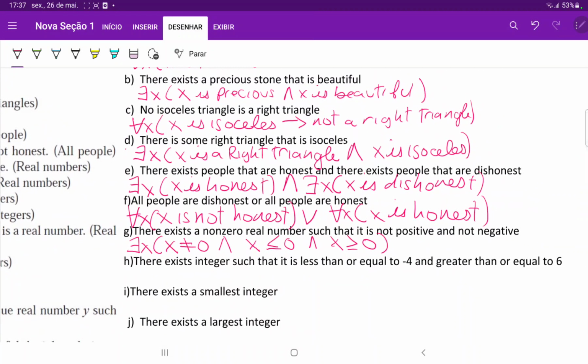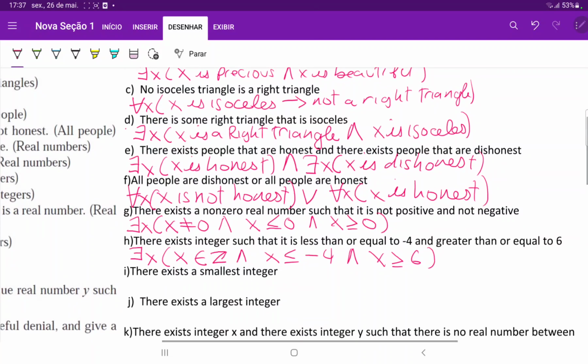H, we have existential, so there exists an x. So we're saying that x is an integer, right? So x belongs to the set of integers, and we're saying that x is less than or equal to -4, and x is greater than or equal to 6.